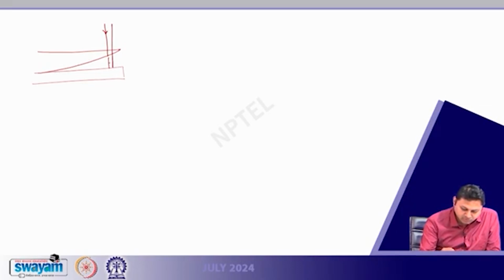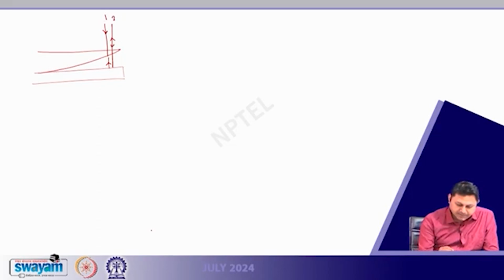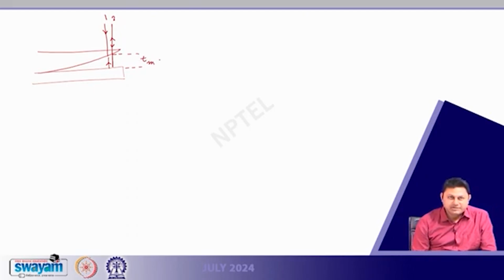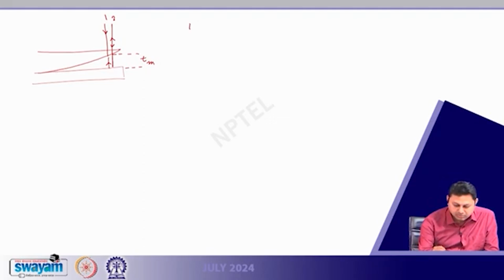So these two rays, 1 and 2, essentially interfere, and this path difference, this distance, is Tm, and that is the structure. So ray 1 and 2 will interfere.